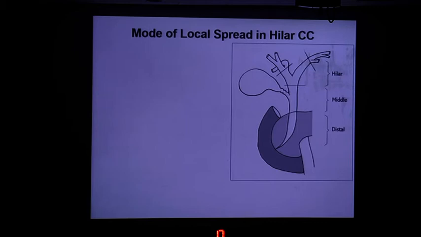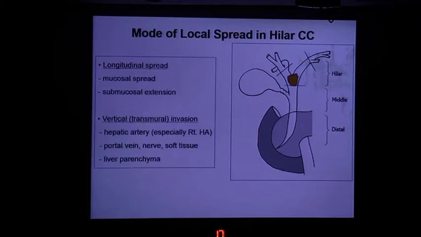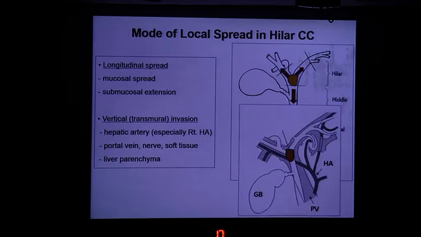So previously you heard about that, but a hilar tumor has two spreads. First is longitudinal through the IHD, and the vertical, superior and inferior, through liver or vascular structures. So you can see that the hilar mass is very close to the right hepatic artery.